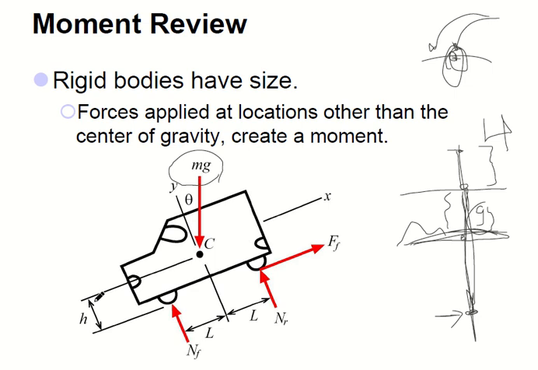Because you're going translation, linear motion right here, and of course you have your gravitational force right there, and here is your center of gravity, and then you also have the normal force on the wheel. Of course, in this situation, we are pointing to the wheel, so it's acting right here. And then, of course, your friction, because you have to overcome this in order for this thing to move forward.